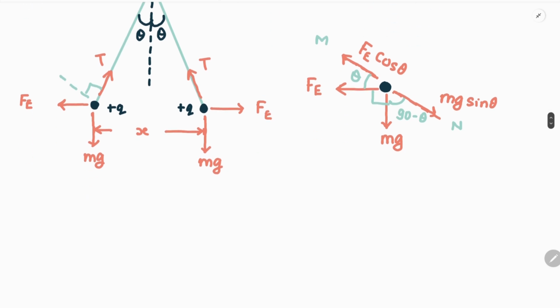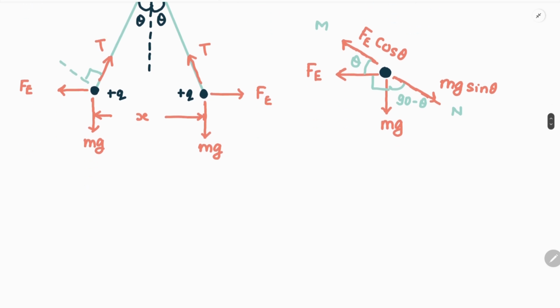For interaction of these particles, as the problem states, theta is assumed to be very small, that is x is less than L, so we can say mg sine theta is equal to Fe cos theta.